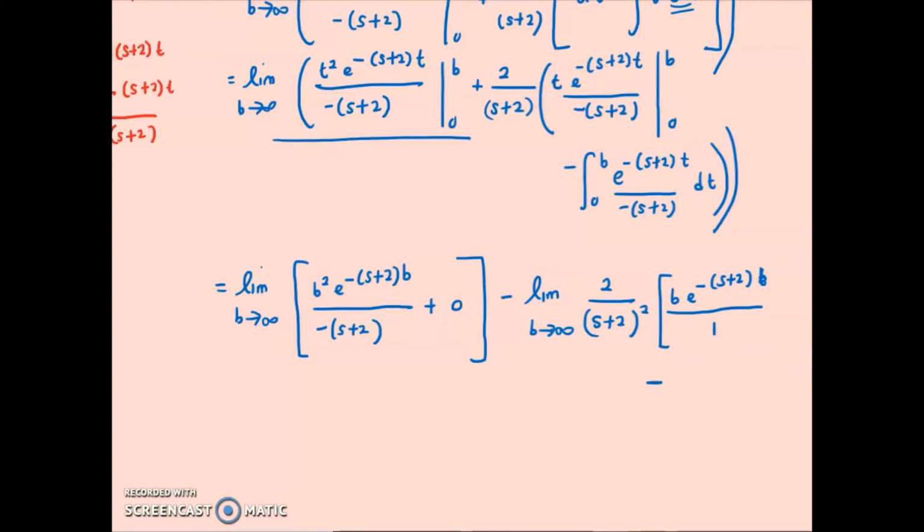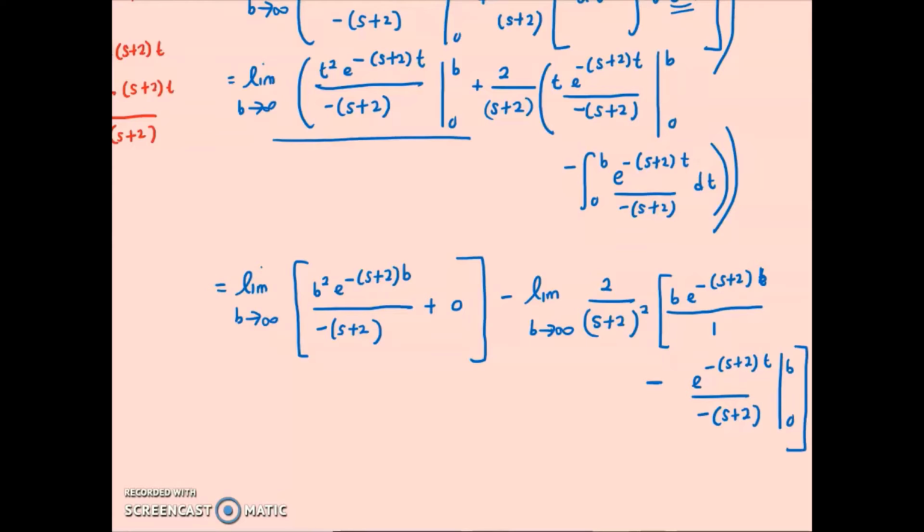Okay, and then what you have here, integrate this, gives you one more of this. So I've already factored out one term here, bring it here. You can factor it out and bring it out, which is this term here. So I have another one, e^(-(s+2)t) over -(s+2). Okay, I hope you're with me.